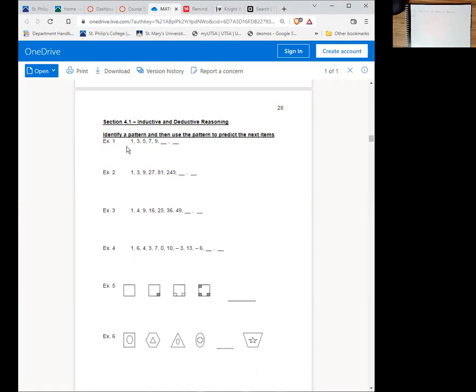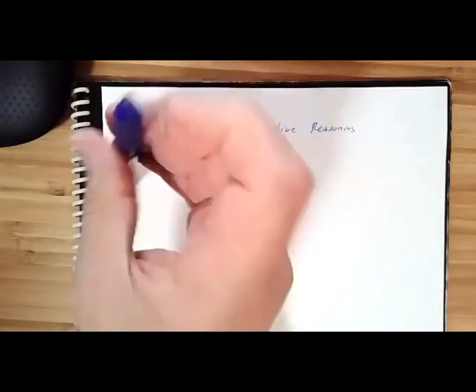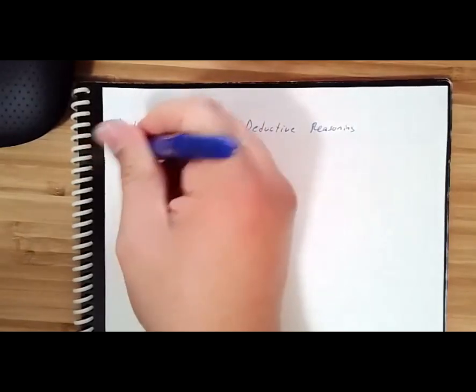Example 1. Okay. So you put the instructions first.